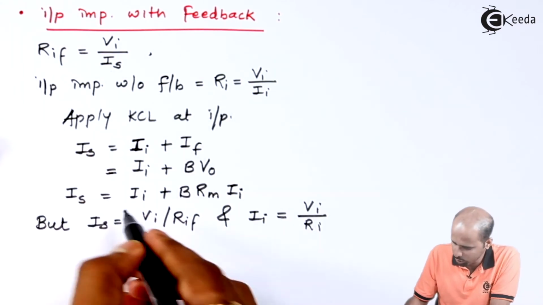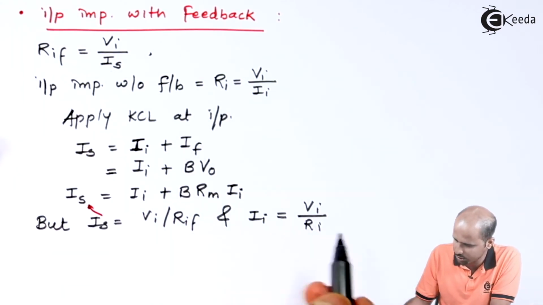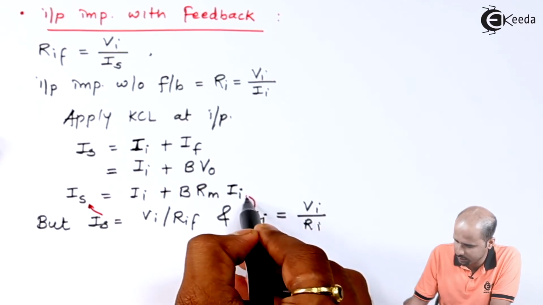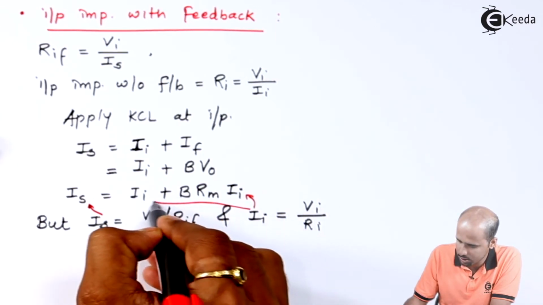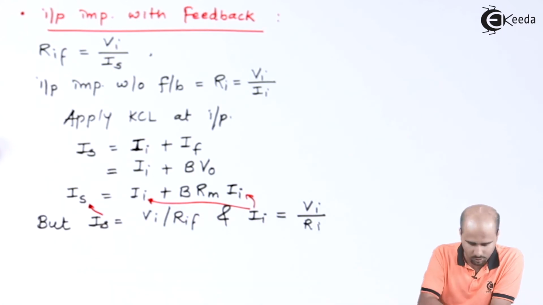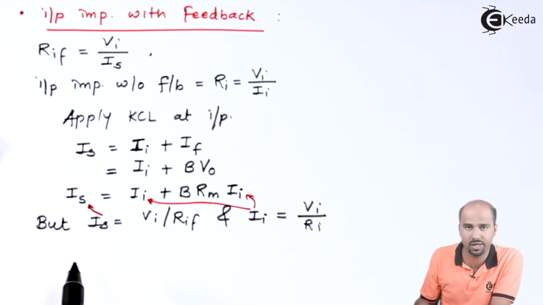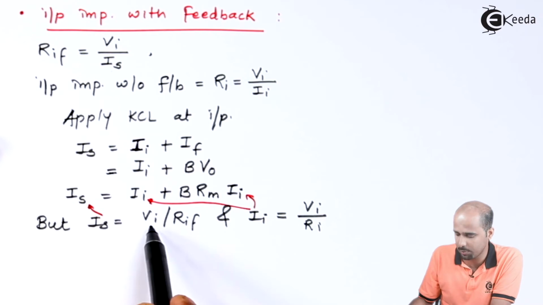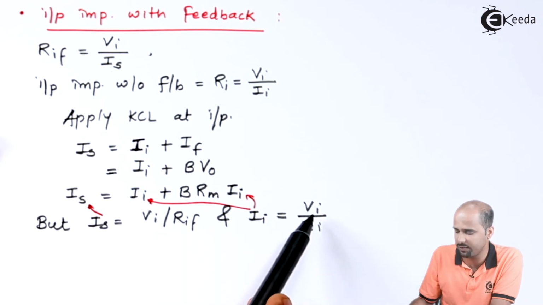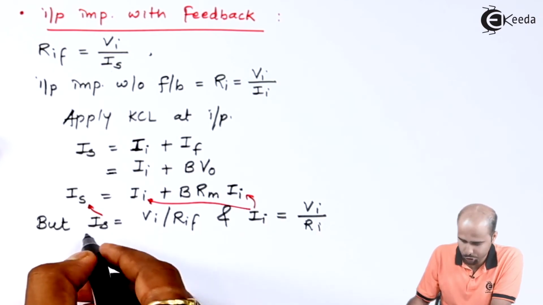This particular value I will put in this particular equation, and this value in this equation. This parameter Ii and Is I am neglecting, and instead of that I will place Vi divided by Rif and Vi divided by Ri. So simple.